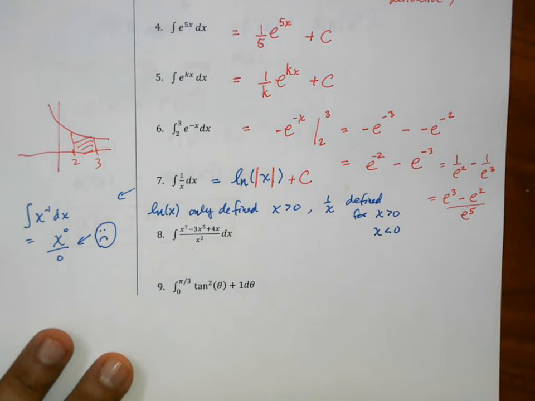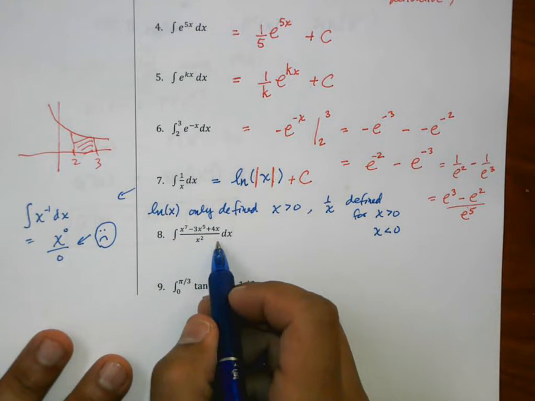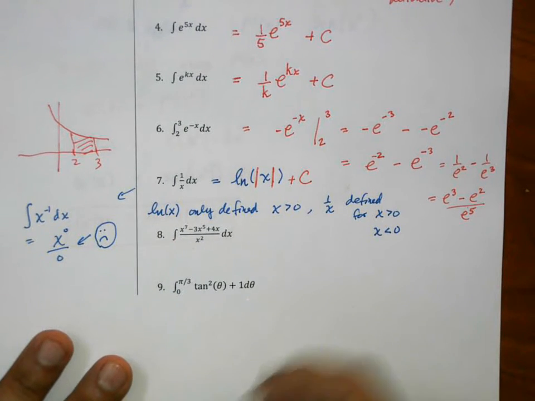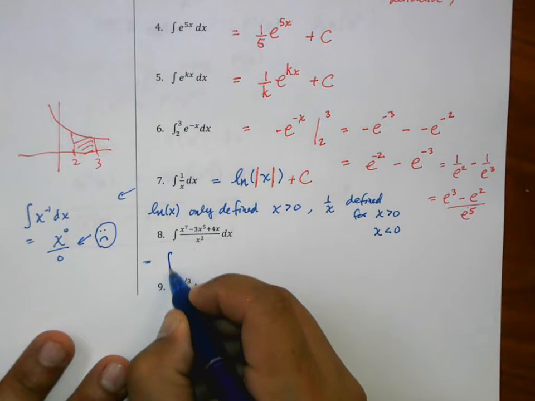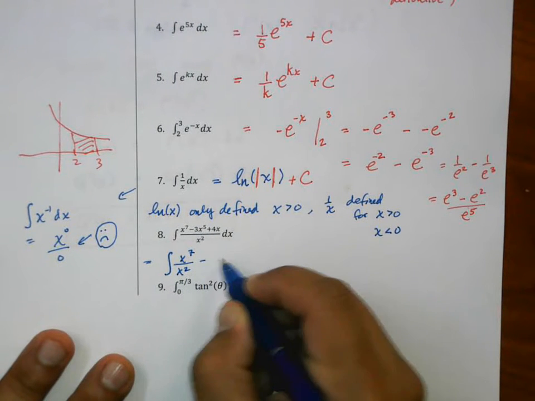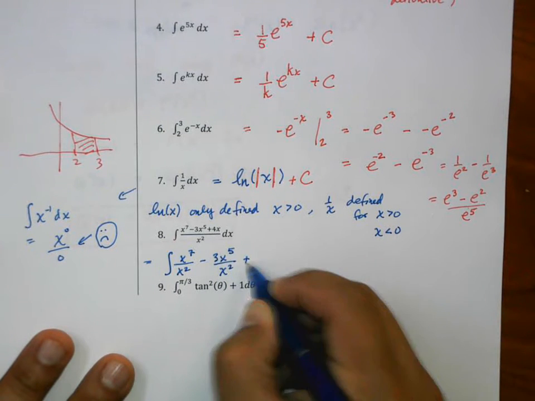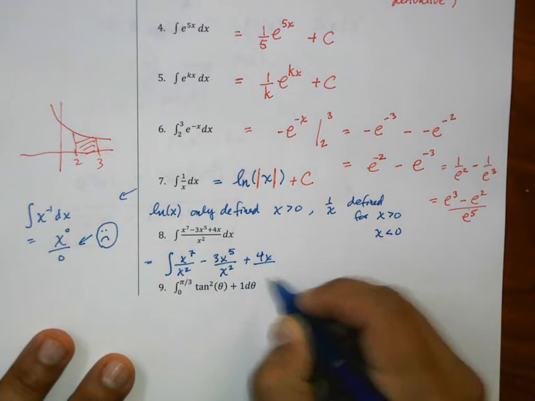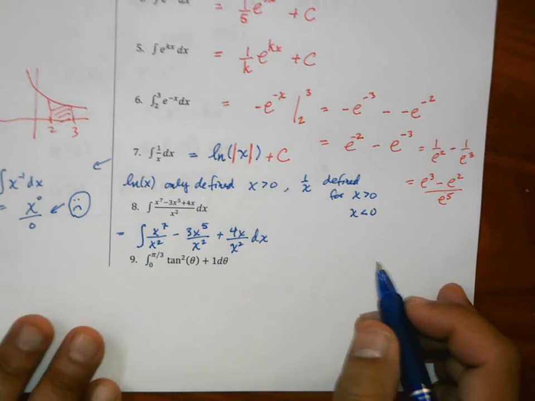Another yet tricky example here, number 8. Let's say we want to take the antiderivative of all of this. This is one of those nice examples where you could separate this into x over 7 over x squared minus 3x over 5 over x squared plus 4x over x squared dx.